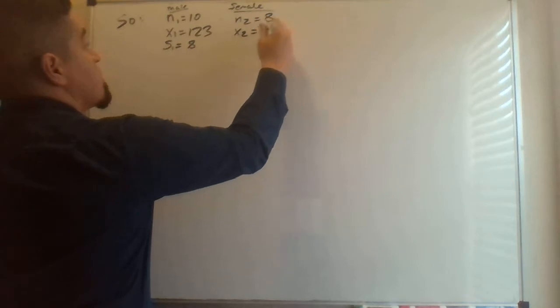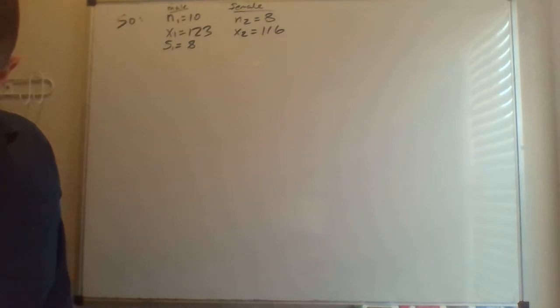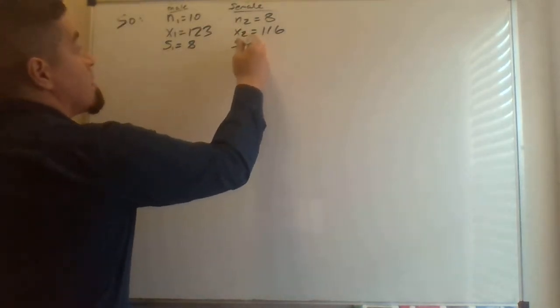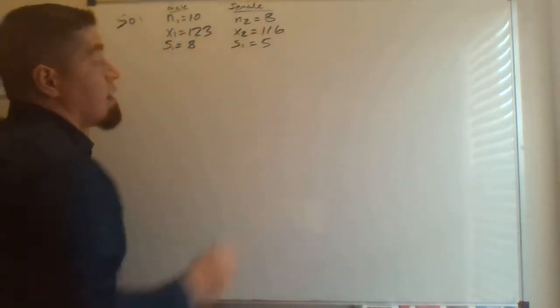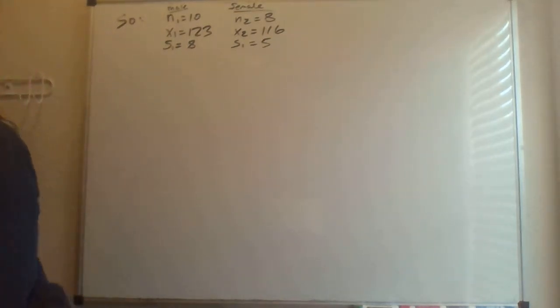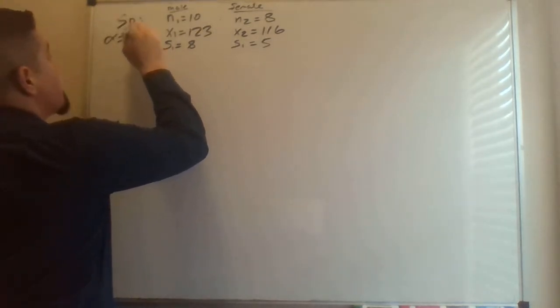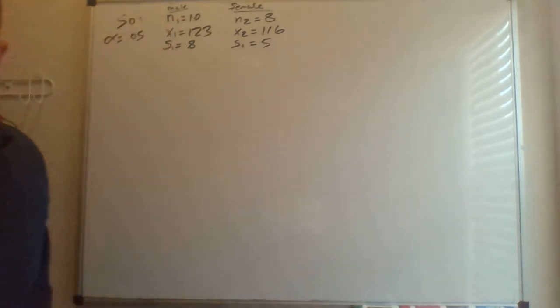So x bar 2 is 116. And also a sample standard deviation of 5 ounces. Okay, so I have my step 0. I listed my statistics that I can get. Maybe also throw in there alpha is 0.05. So we'll go from there.